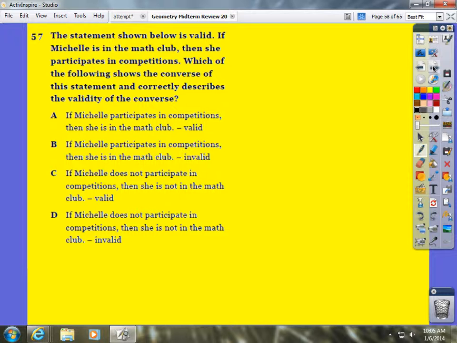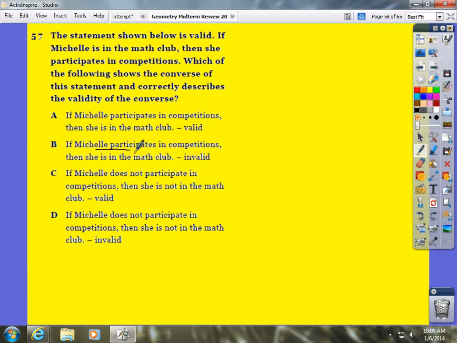Okay, so it's going to be one of the first two. If she participates in competitions, then she is in the math club. Well, she could be in the social studies club and still participate, or she could just participate without being in the math club. So, okay, we want it to say if she participates, then she is in the math club.